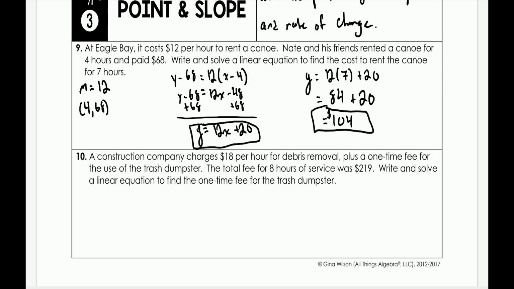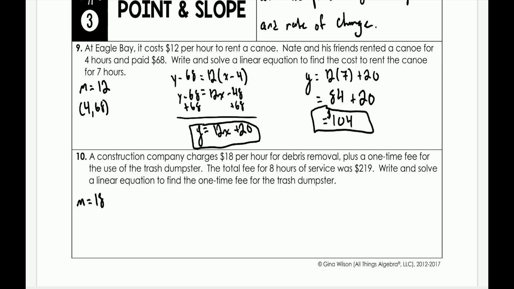So like we did before, we have to determine what the base price would be. So how much are they charging for the use of the trash dumpster? So what was the rate that they're paying? Well, you're paying $18 per hour. So the rate would be 18. And can we discover a point?